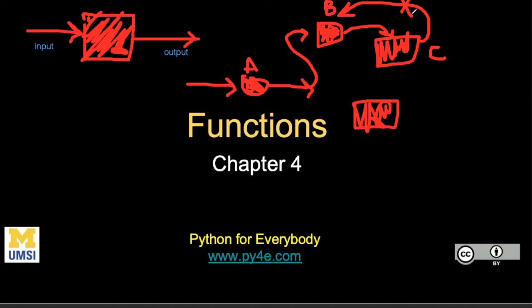Ideally, first of all, the function has a name. You don't want to call it A, B, and C. You want to do something like get number of students, or get grade, or count number of keys, depending on what that function is doing. You want to name it appropriately. That's one thing.